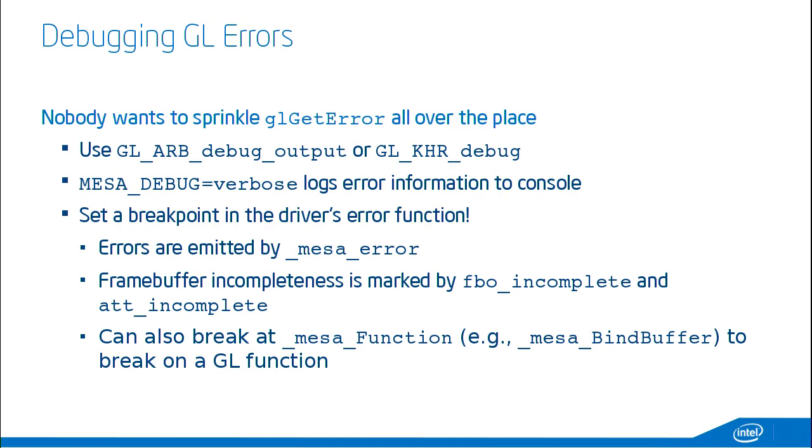You can do similar techniques for framebuffer attachment incompleteness, which is a frequent source of irritation, by setting breakpoints at FBO incomplete and attachment incomplete. You can also set a breakpoint at any GL function.